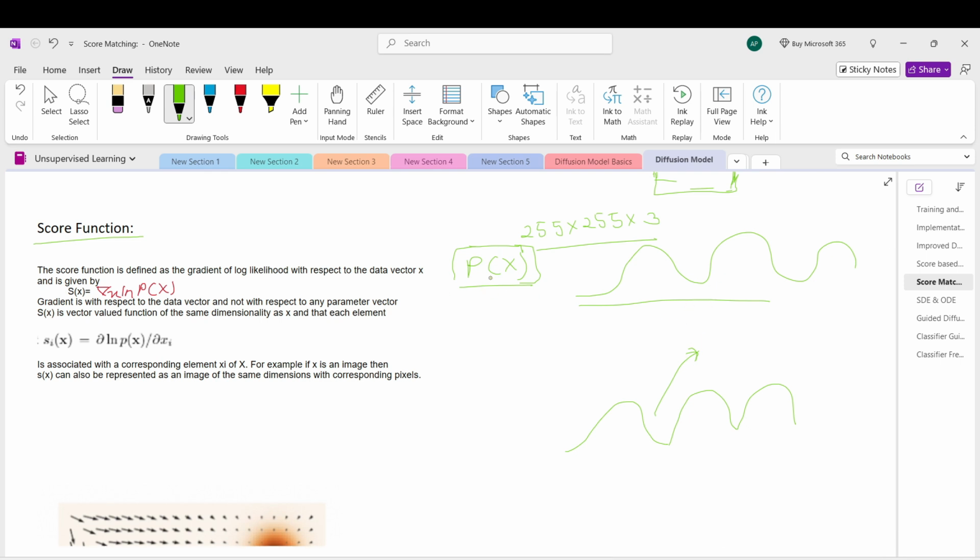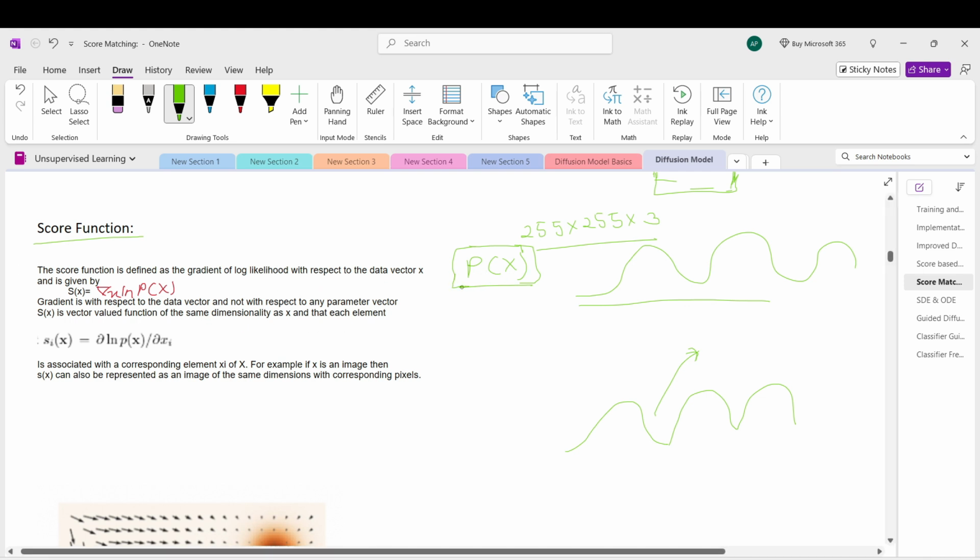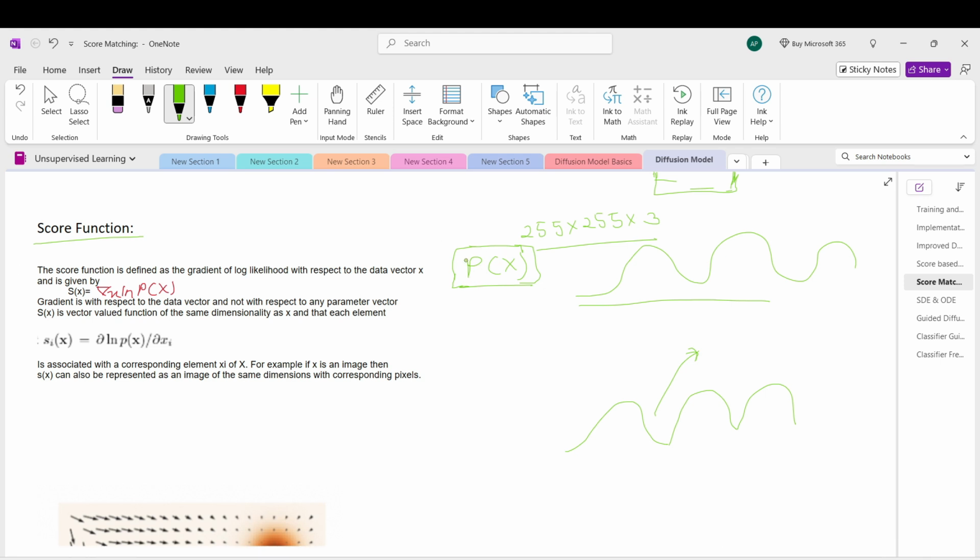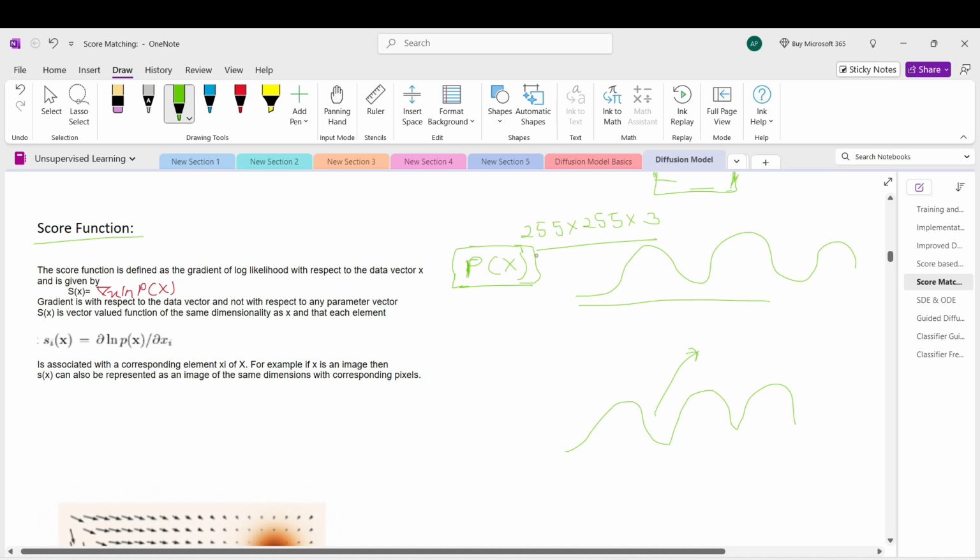So this is the data distribution p of x, and the score function is a different approach. We can't determine this p of x, which is very difficult to model.